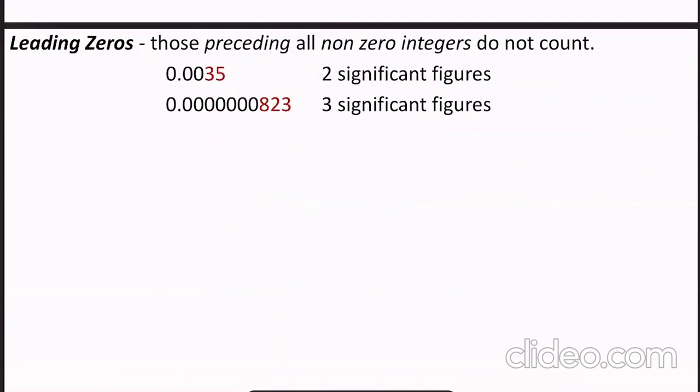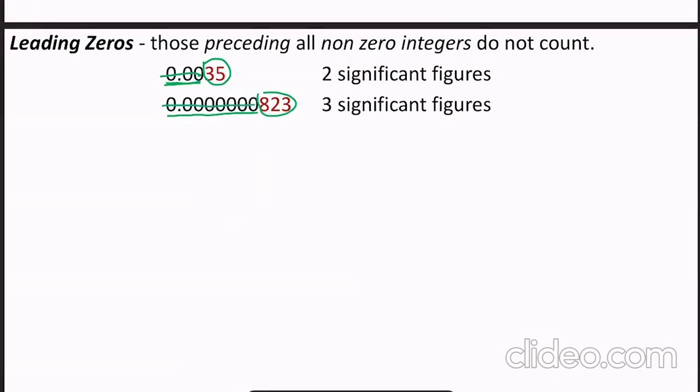The zeros that are insignificant are leading zeros. We never, ever count the leading zeros. These are the zeros that are in front of our non-zero numbers. Here's my non-zero numbers, and anything in front, I never have to count.